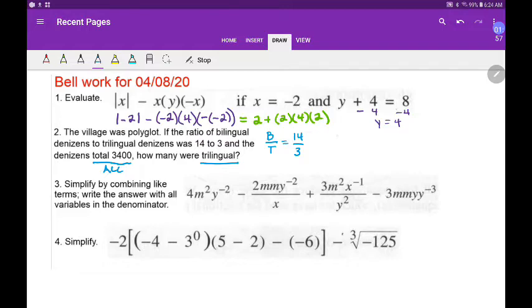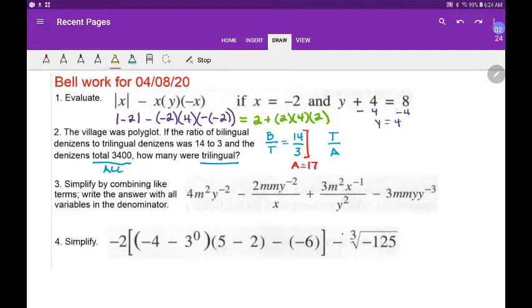All right, so what I really wanted, instead of bilingual to trilingual, is trilingual to total. And we're going to call that all, sorry. And if I have 14 and I have 3, then my all must be 17, right? Obviously, if my total is 3,400, I have a lot more than just 14 bilingual and a lot more than 3 trilingual.